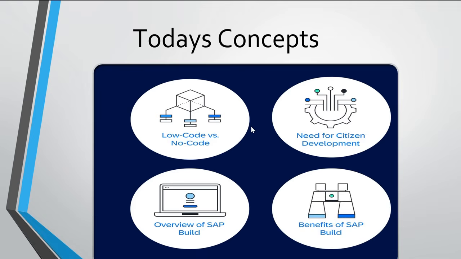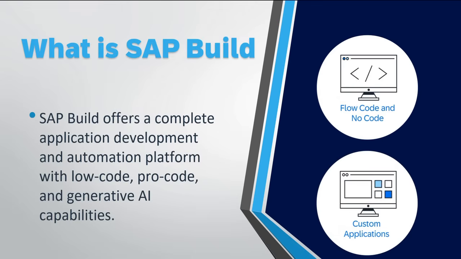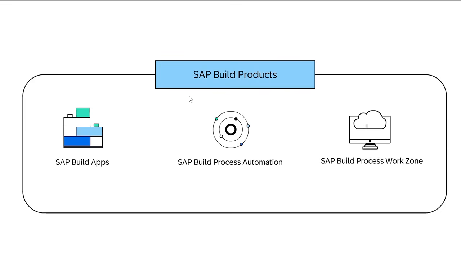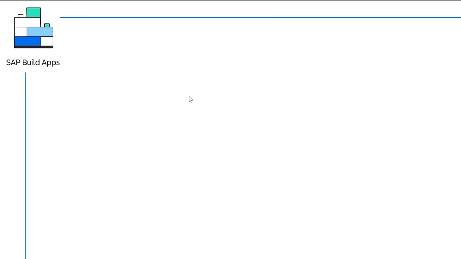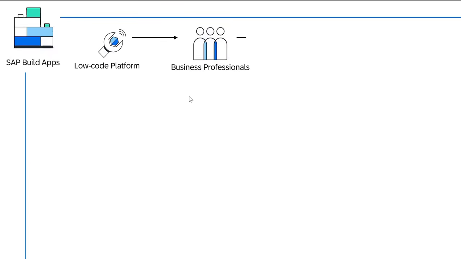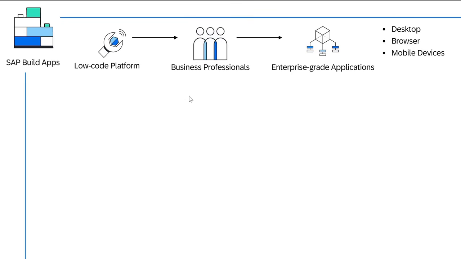So next, first, what is SAP Build? It is a low-code platform, and it empowers both citizen and professional developers to create enterprise-grade applications, automate, and also optimize workflow processes. It designs engaging business sites, and all this is possible with the three products that SAP offers.